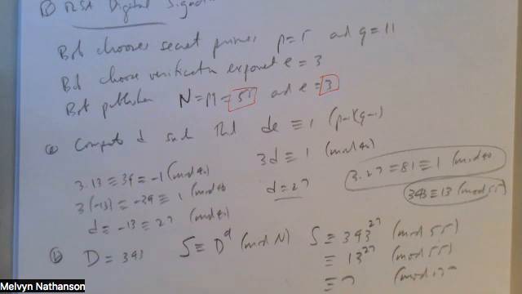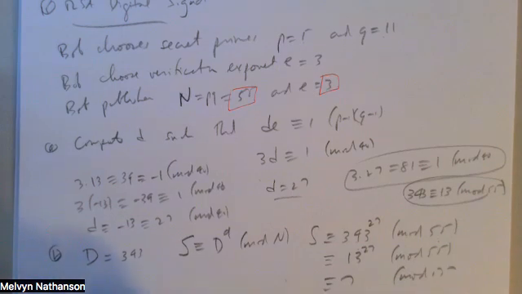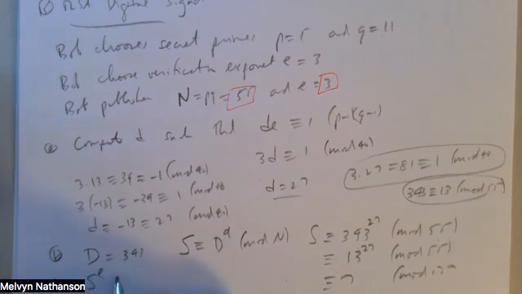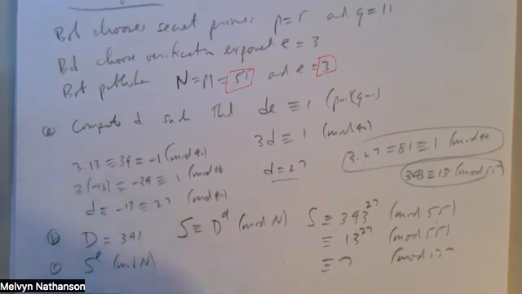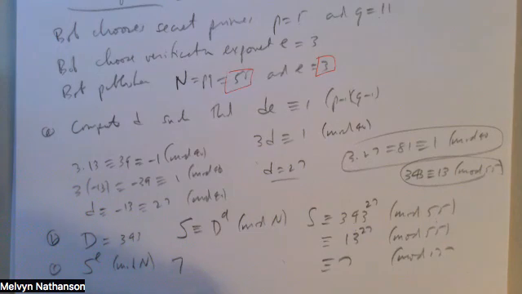And whoever gets this document wants to verify that this is correct. So they compute s to the power e mod n, which is 7 to the power 3 mod 55.